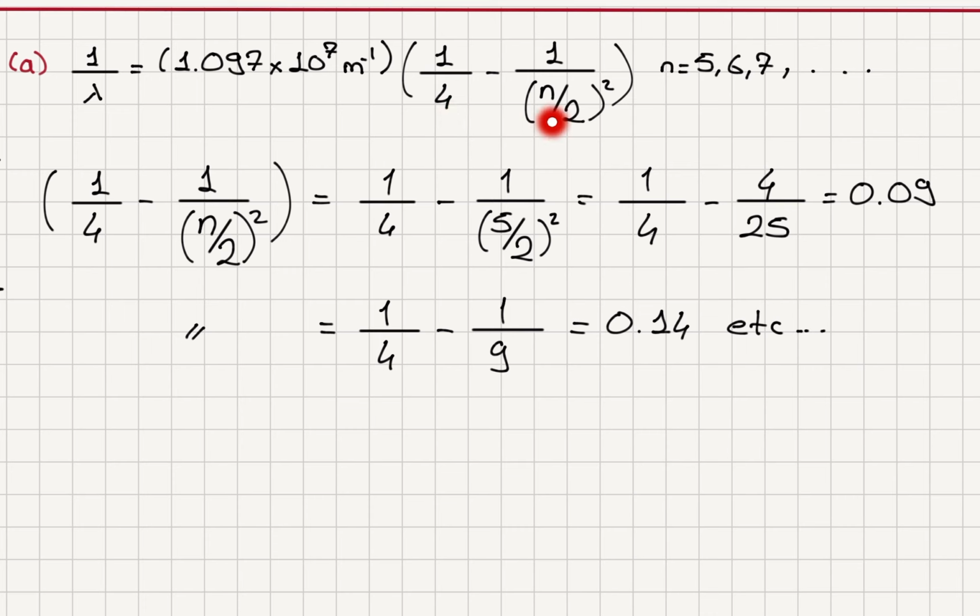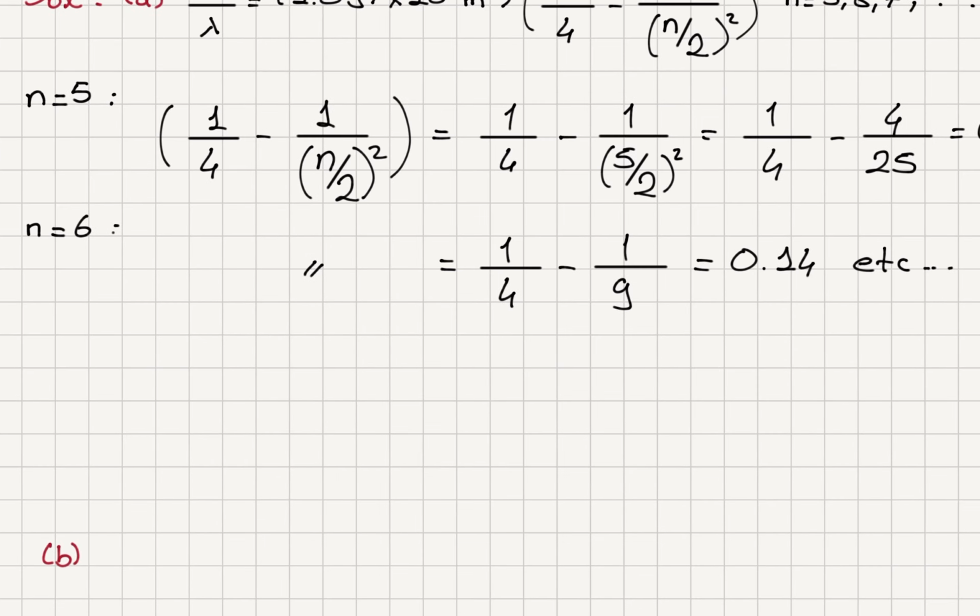So if this number is increasing, that means 1 over lambda is increasing, lambda is decreasing. So as I go to higher order n's, therefore I will get the maximum possible lambda for the smallest possible n value here.